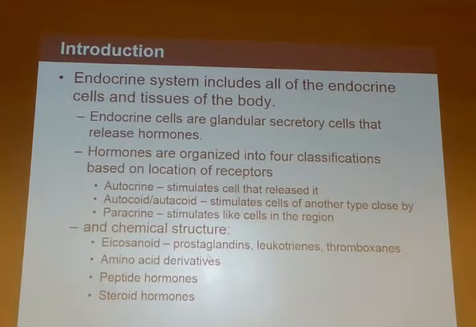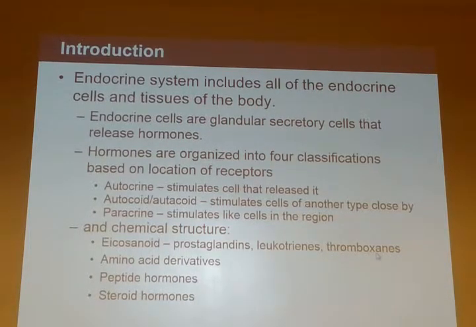So depending on the enzyme that's in the tissue, in the cell, you may get prostaglandins formed. But if there's a lipoxygenase enzyme, then leukotrienes will be formed. Thromboxanes are also part of prostaglandin production, so you need cyclooxygenase to get to thromboxanes.